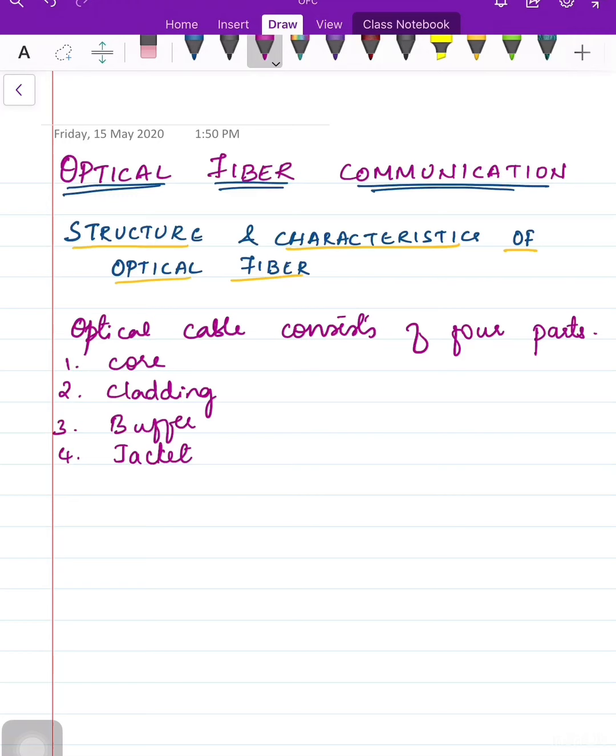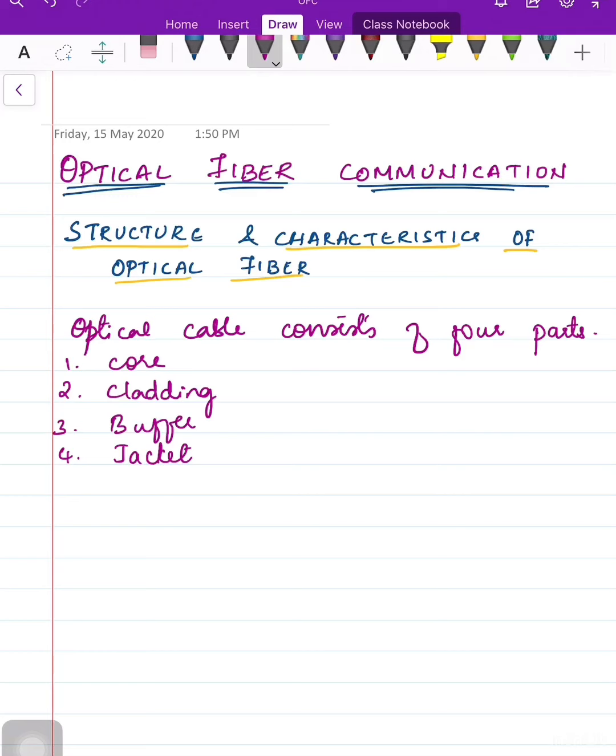Based on core size, there are mainly two types of optical fiber, which you call single mode fiber and multi mode fiber. Single mode fiber has a core in the range of 8 to 10 microns, and light travels towards the center of the core in a single wavelength.